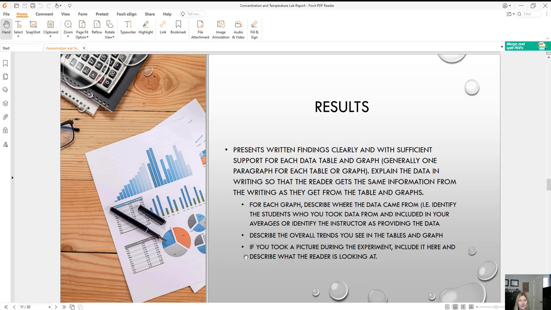So if you used data from the instructor, then you're going to state that this was given to you by the instructor. If you got data from another student for the other experiment, make sure you name the student. I am using so-and-so's data who was in my forum group for this experiment because I didn't conduct it myself. Or you're going to say, I did this experiment, this is the data I saw.